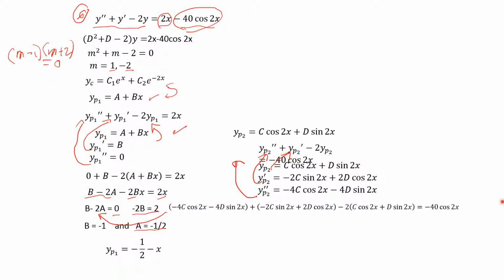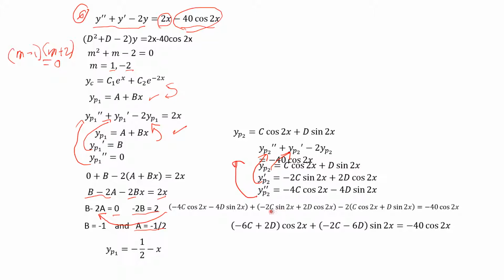And then combine all the cosine 2x. For the cosine 2x, this one is negative 4c, and this is negative 2c, that is negative 6c, and then another cosine 2x term is 2d cosine 2x, plus 2d here. And then combining all the sine 2x: negative 4d, and from the c, negative 2c.